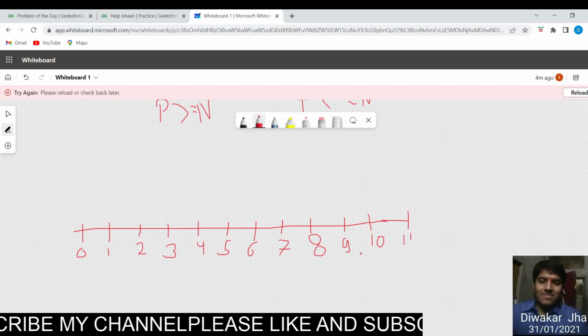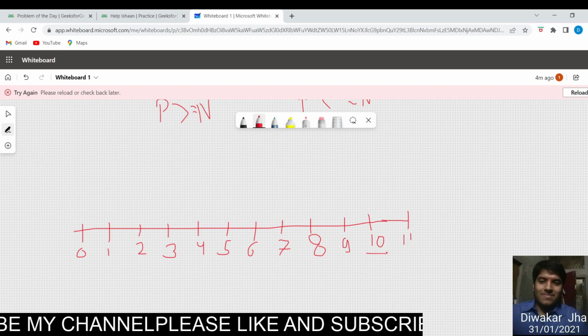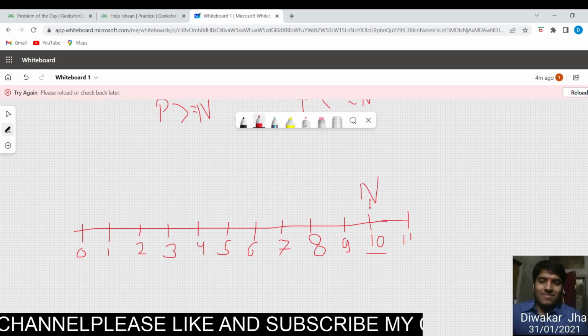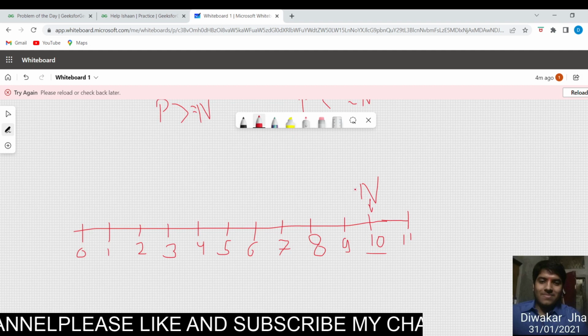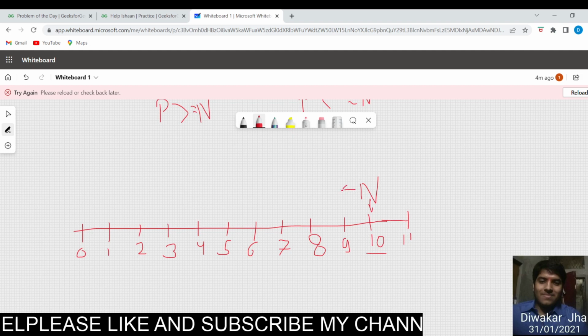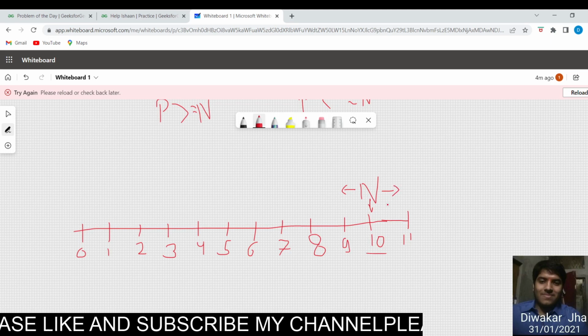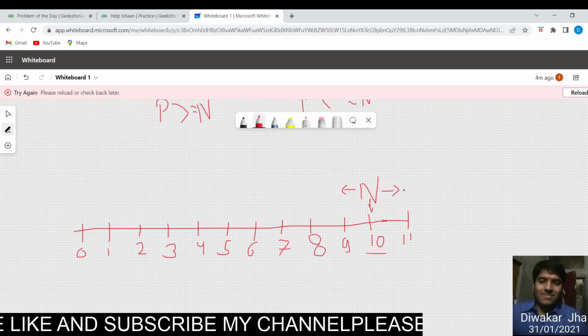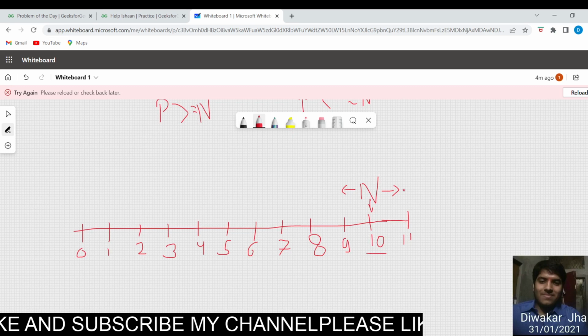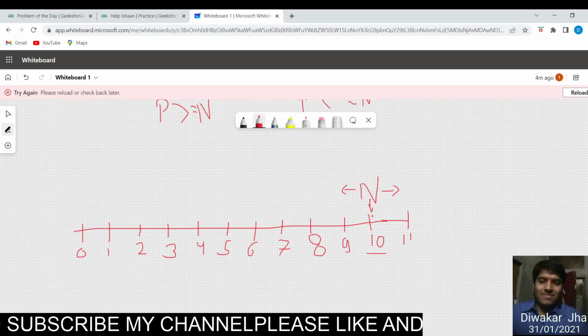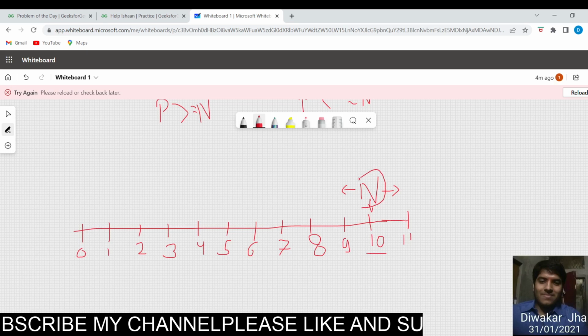Our input n is 10 at this time. So we will simply move further in steps. Firstly, we will find the prime number greater than n that is closest to our n, which means the one near our n value.